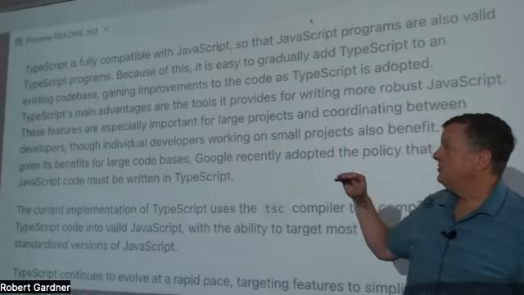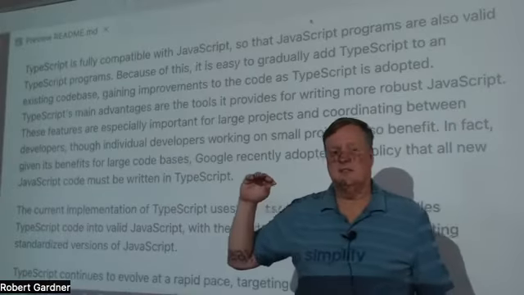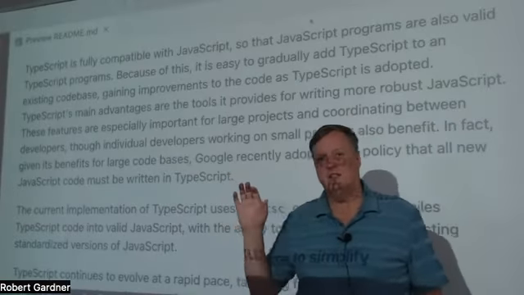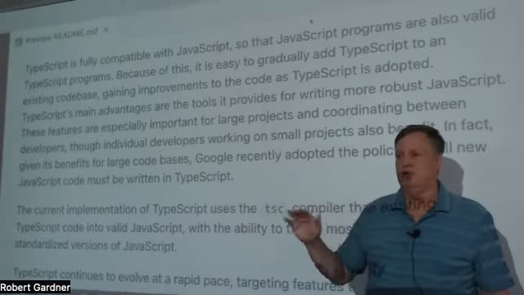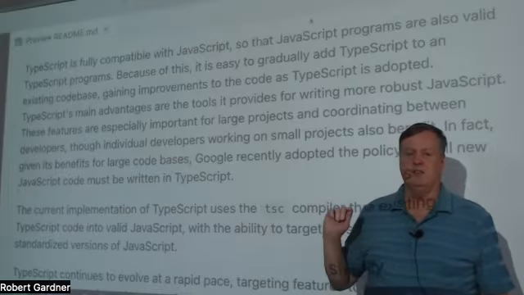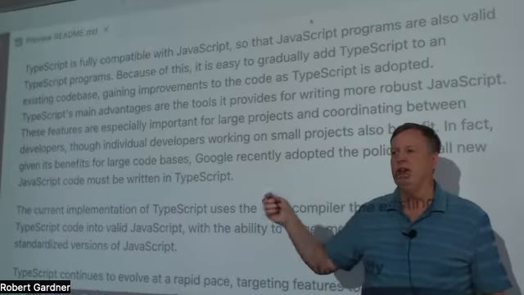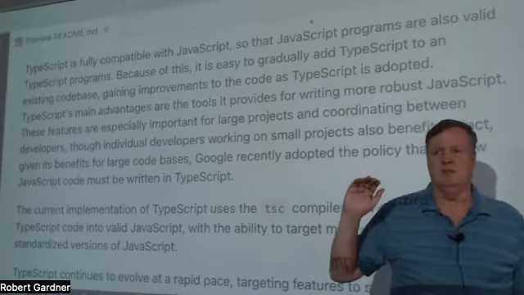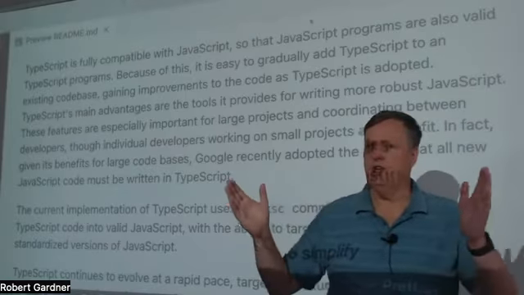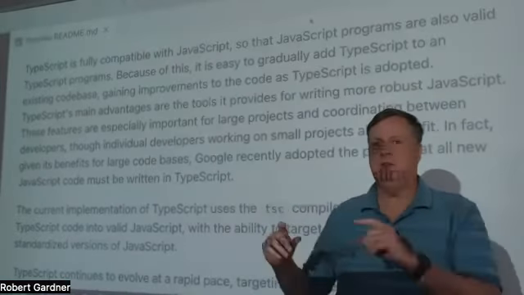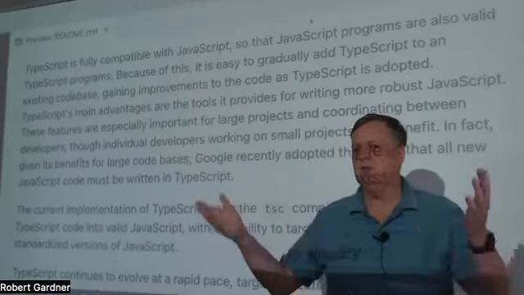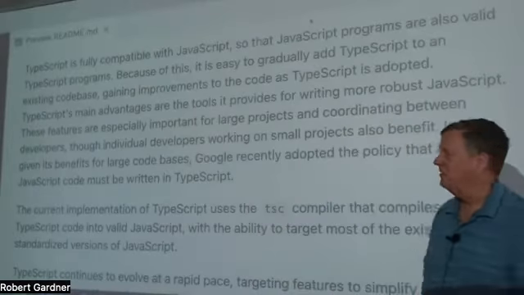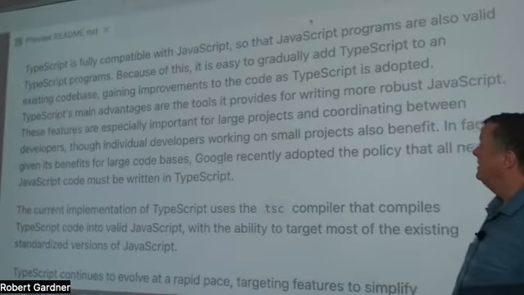So what TypeScript does is provide syntax extensions to the JavaScript language, which allow it to do typing. So that's why it's called TypeScript. It's JavaScript with types. So you take your JavaScript, you add some typing annotations in various places, and you suddenly have TypeScript, and the TypeScript engine can then examine your code and fix it up. All right.